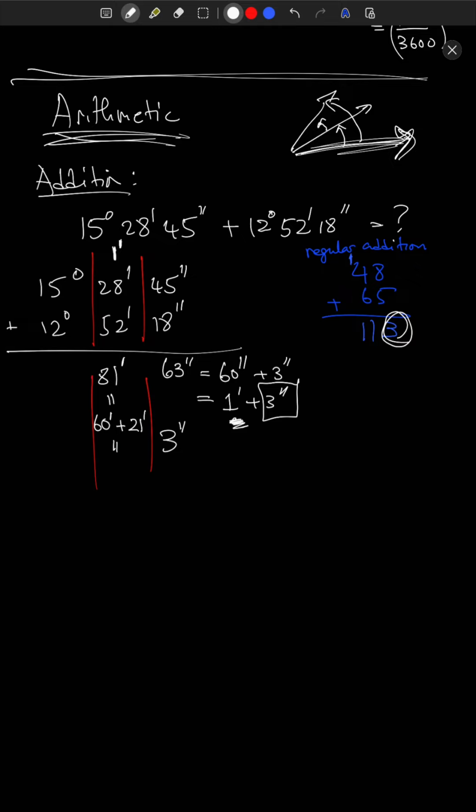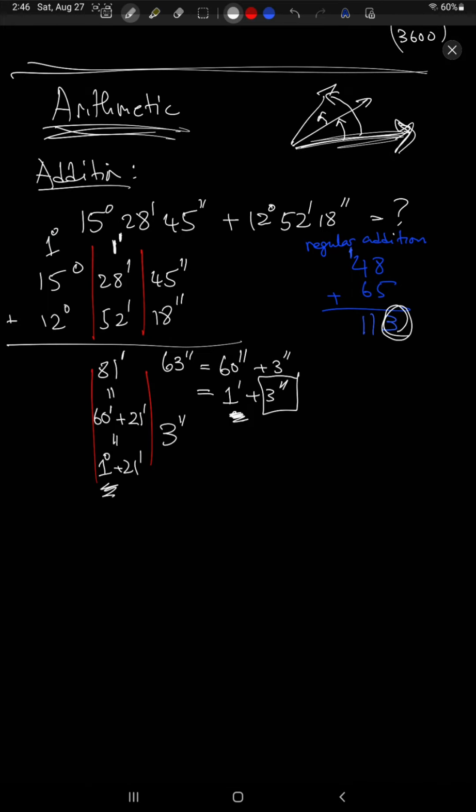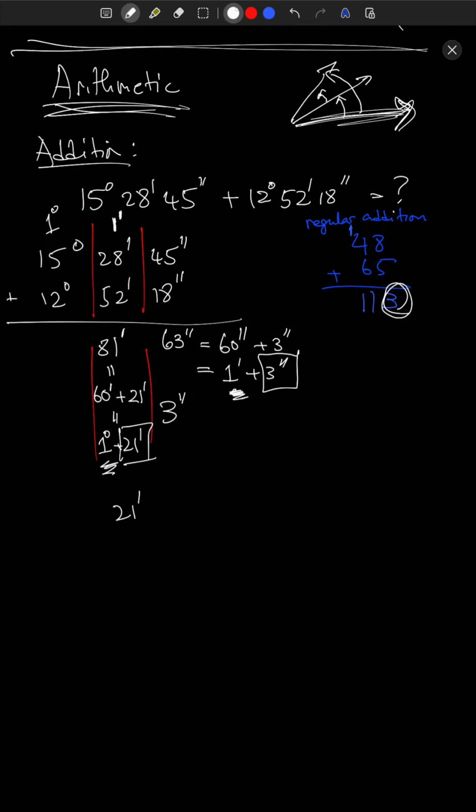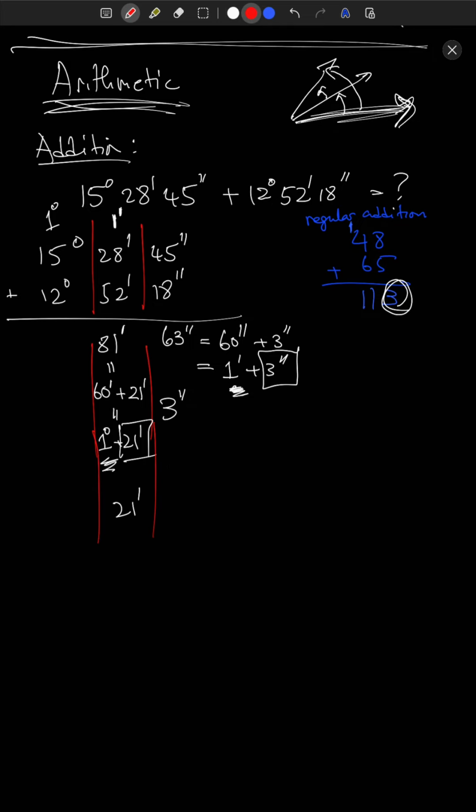Okay, 60 minutes is 1 degree. So this is 1 degree plus 21 minutes, right? And the 1 degree, we just move to the next column as a carry, right? As a carrying term. And let me put a box around this 21 because that's the guy we keep, right? So this is going to be 21 minutes in this middle column. Let me put a box here just to emphasize those are the guys we're keeping.